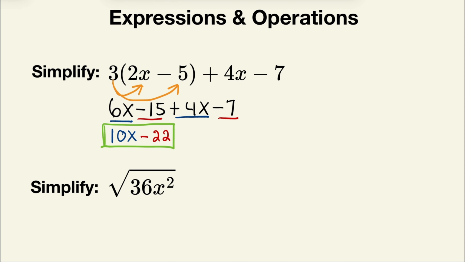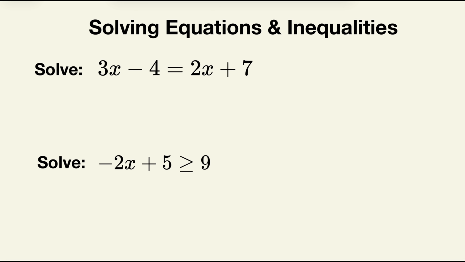So here we are solving an equation and an inequality. Solving this equation, the ultimate goal is to isolate x. So here we have 3x minus 4 on the left. I want to get rid of that negative 4, so I can move it to the right side, but in order to do that, I need to add 4.